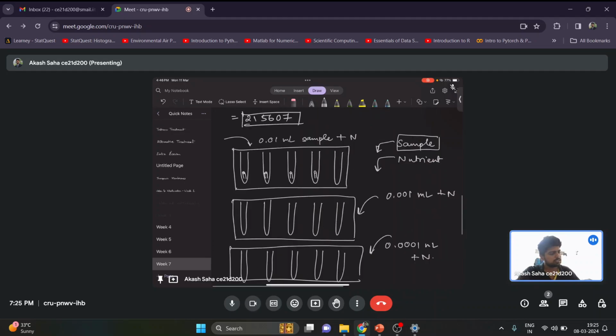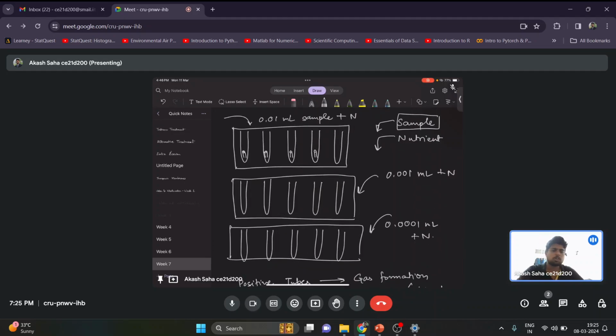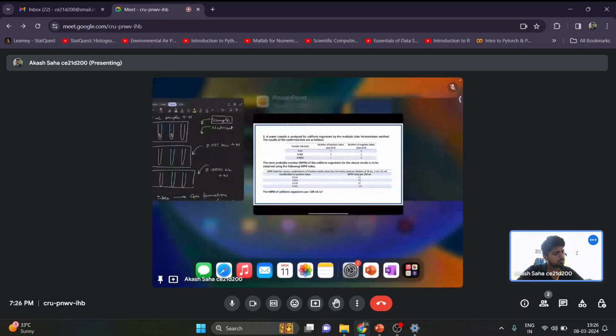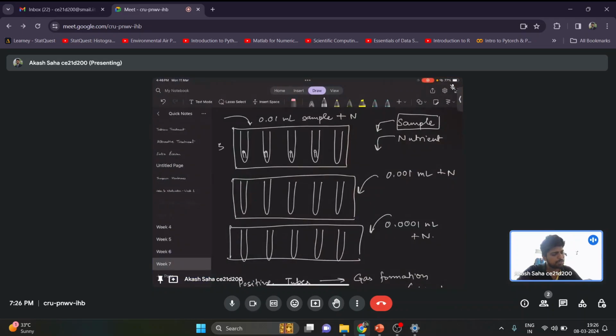So what the question says is that for the set of 0.01, we have five positive, so all of them have got yes. For the next set, we have three positive tubes, and the next set we have one positive.